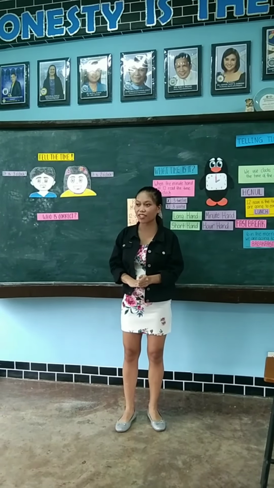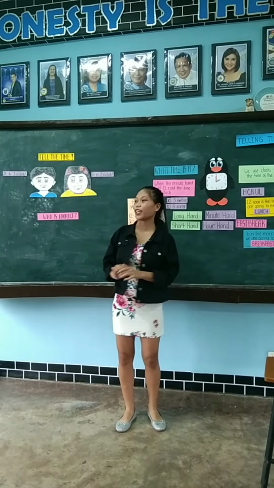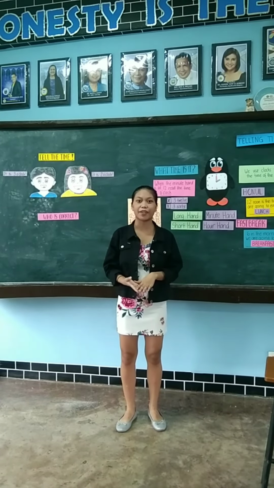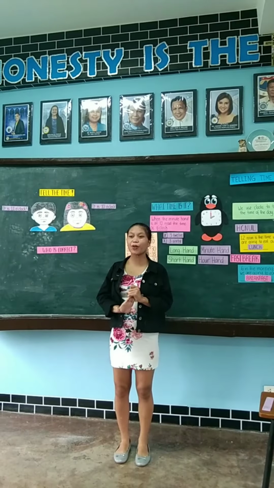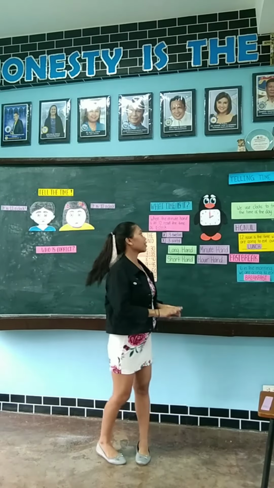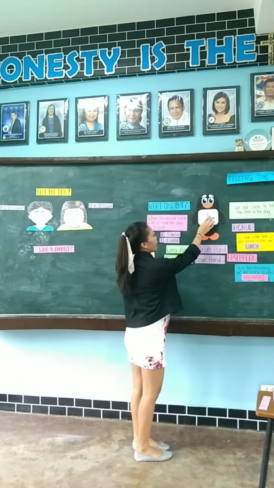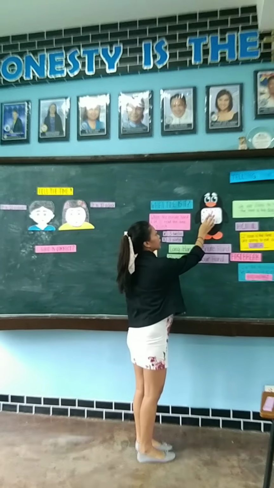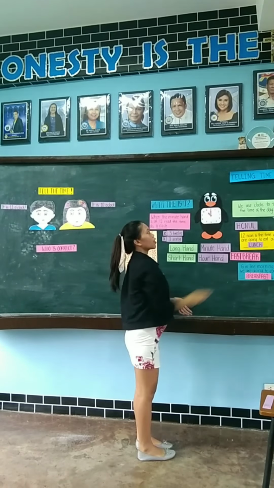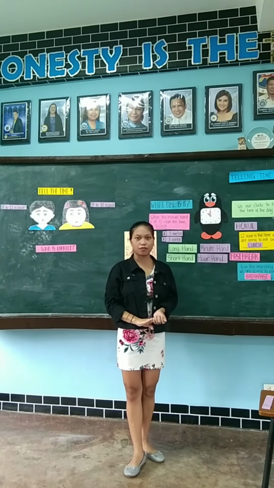Do you have any questions? No? Okay. Let's have another example. So next game. The shorter hand is pointing at 11 and the longer hand is pointing at 12.